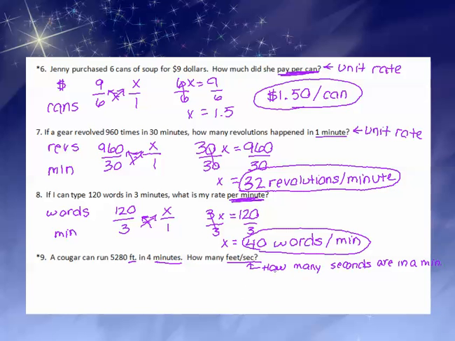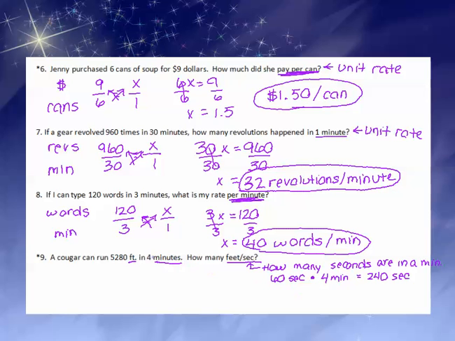So we need to first figure out, if there's 4 minutes, how many seconds, because it wants to know feet per second. So there are 60 seconds in 1 minute, but I want to multiply it by 4 minutes. When I do that, I end up with 240 seconds.